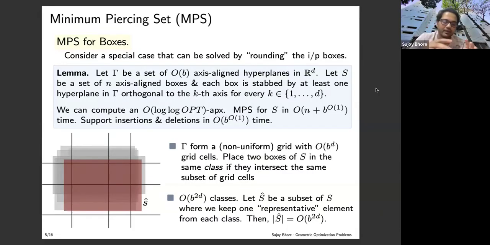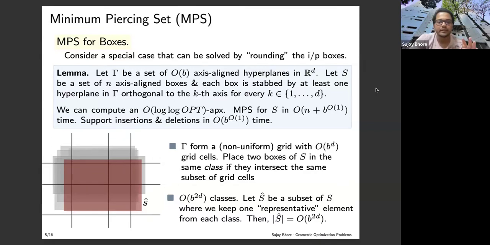Now there will be multiple boxes which are going to intersect or contain the same subset of the grid points. And we are going to place them in the same class if they intersect the same subset of grid points, which means that roughly we will get B^(2d) many classes.